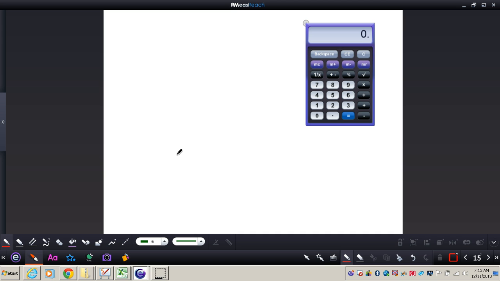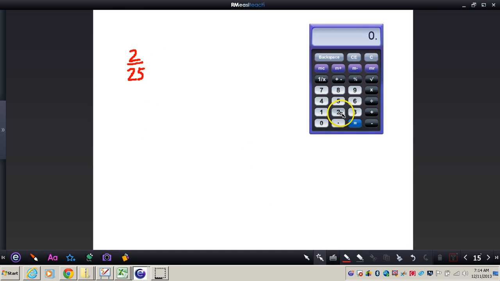Okay, let's take a look at another one. So let's say we have the fraction of 2/25ths. Now let's say we want to change this into a decimal. There's not a whole number at all, so we can just start right away on our calculator. We type in the numerator first, then divide that numerator by the denominator, 2 divided by 25, and that's going to give me 8/100ths.